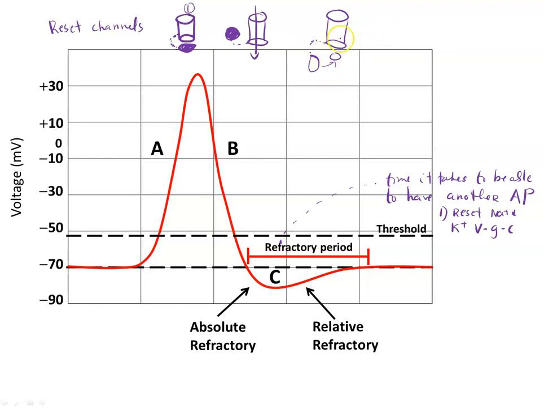Just know it has to do all these weird little movements first before it can get back to being reset and ready to go. Okay, back to position 1. That means, this is what I mean by resetting the channel, is that it has to undergo multiple protein conformations in order to come back to rest, okay? And it takes time, right? This takes time in order to do so.